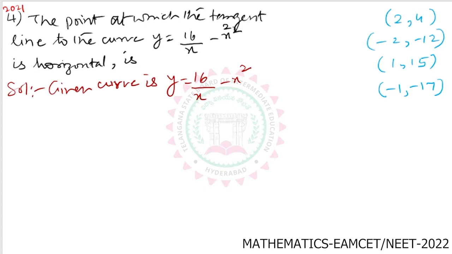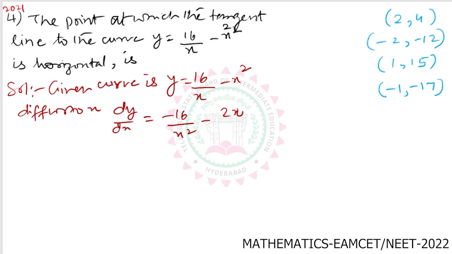Tangent means equation of tangent, right? Therefore, I have to find the value of dy/dx. Differentiating with respect to x, dy/dx is equal to derivative of 1/x is nothing but −1/x². This becomes −16/x², minus derivative of x² is 2x.